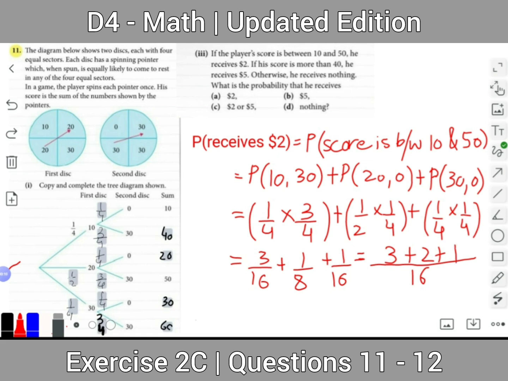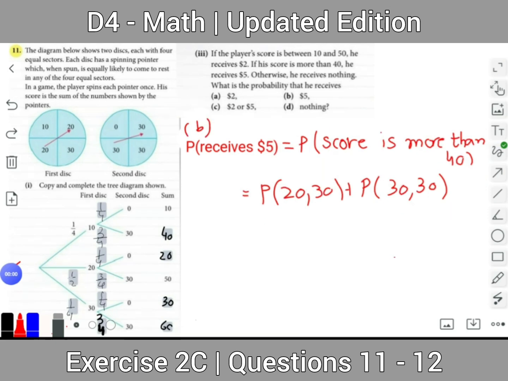Now 3 add 2 add 1 is 6 over 16, and after simplification we will get 3 over 8. So the probability that he receives $2 will be equal to 3 over 8.